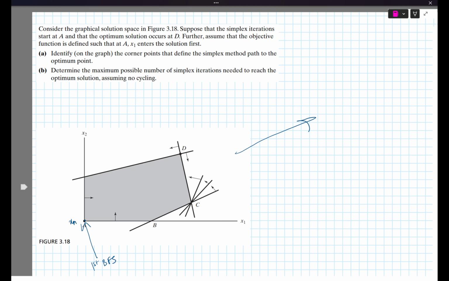Like, how does the objective determine the first BFS? That is one doubt I have. Anyway, this is the optimum solution, right? So the objective function must be something like this. Yeah, first BFS is 0, 0, right? So x1 is 0, x2 is 0.